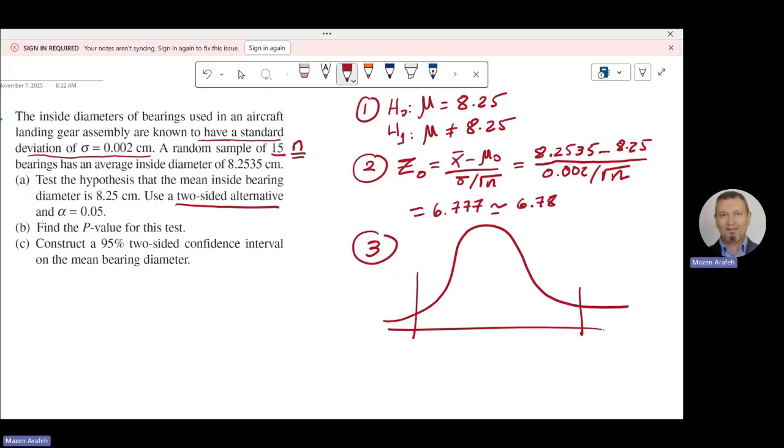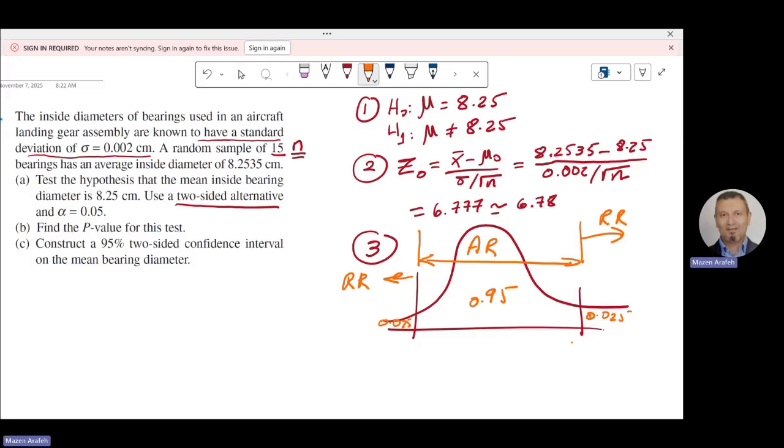In the middle is the acceptance region, which is 0.95. My rejection region is to the right and the left. So this is alpha over 2, which is 0.025, and this is 0.025.